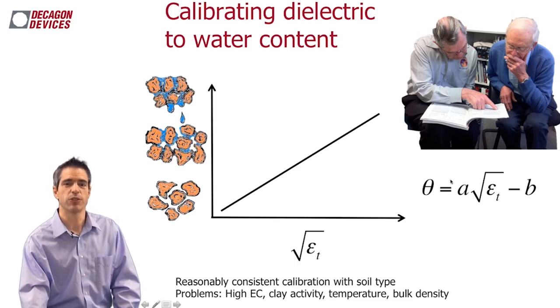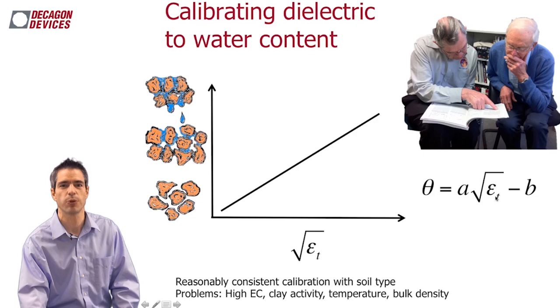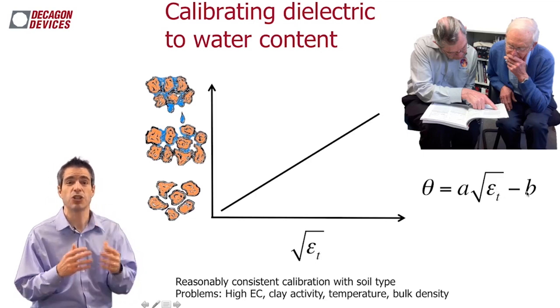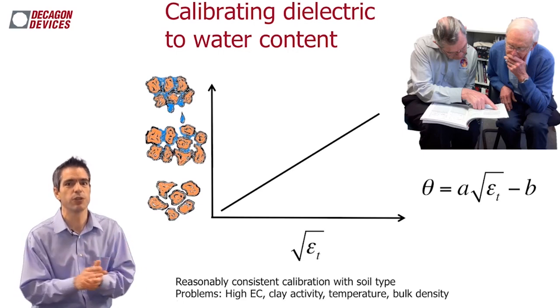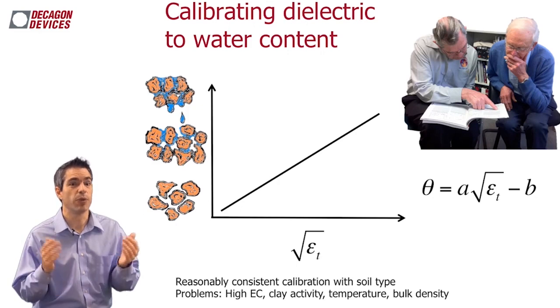So the volumetric water content is equal to some parameter alpha times the square root of the total charge storing capacity, the dielectric permittivity, or this A times the square root of epsilon t minus B. And those A and B, he showed in that original paper, although it didn't use this equation, were pretty consistent for a lot of different soils, but not all of them.